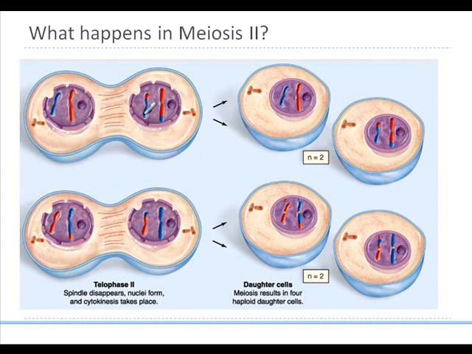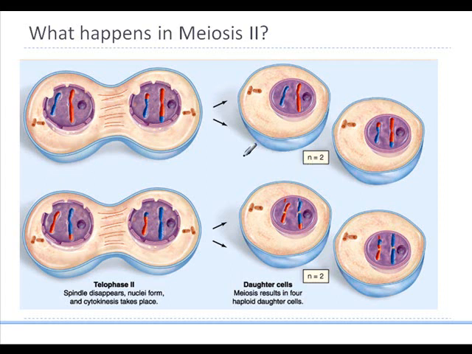Notice that each of the chromatids is independently assorted. So you have one long red and one long red with a blue segment, and one blue in here. You really don't have two long ones in one nucleus and two short ones in the other. So the two chromatids are totally separated, and you have exactly a short and a long chromosome in each nucleus.